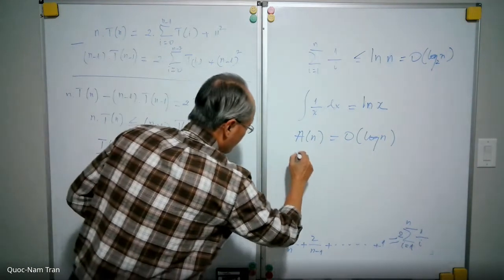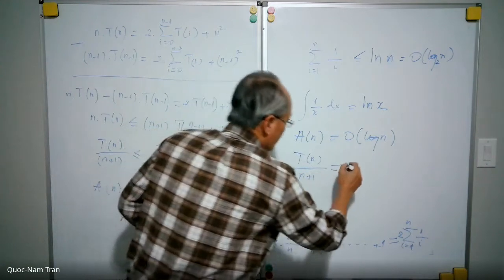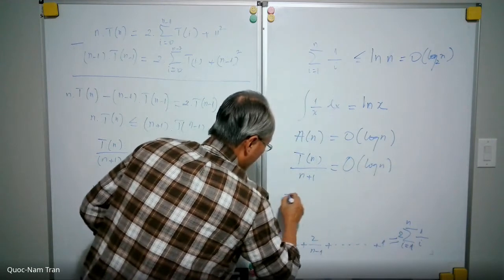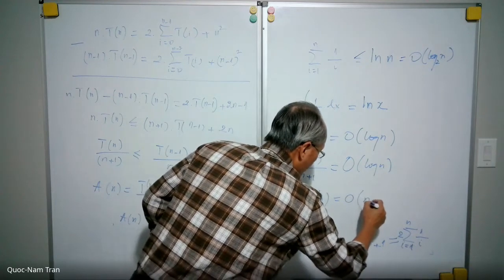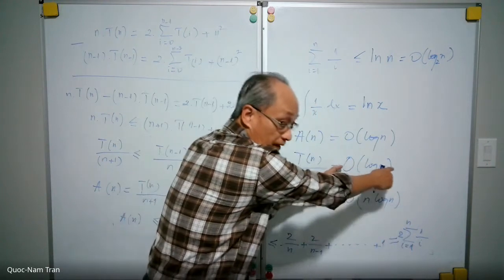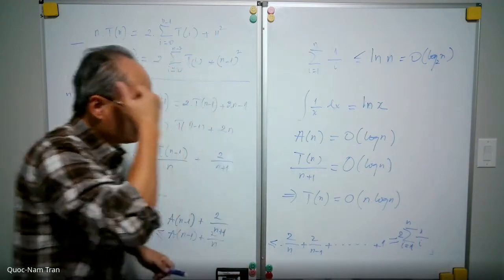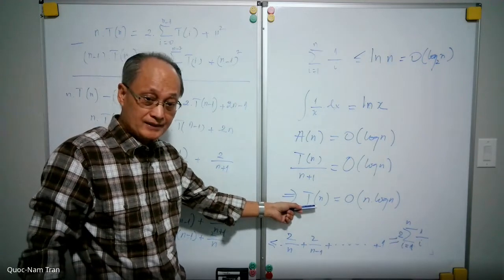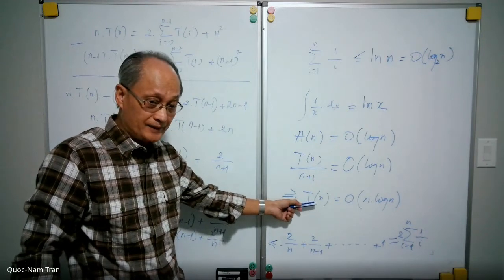So we have T_n divided by n plus 1 is big O log n. Hence, T_n is big O of n log n, right? n plus 1 times log n is still big O n log n. So that's it. And this one is the complexity of the average case for the quicksort.